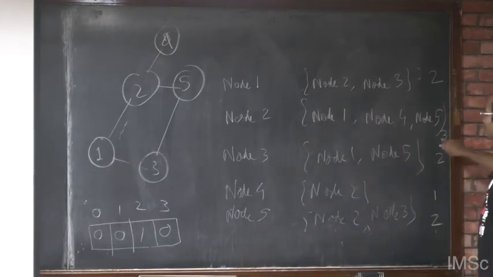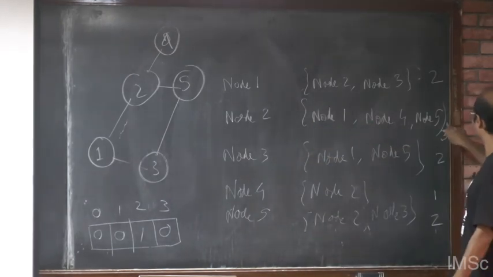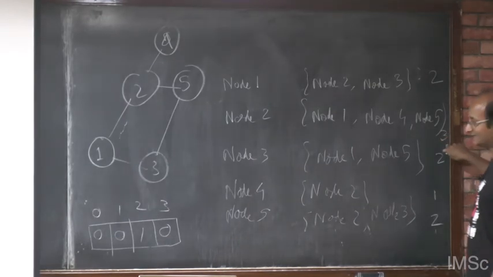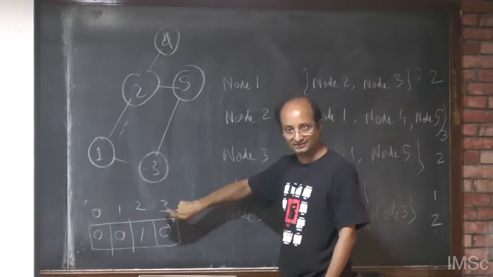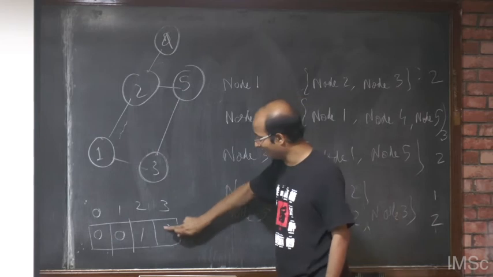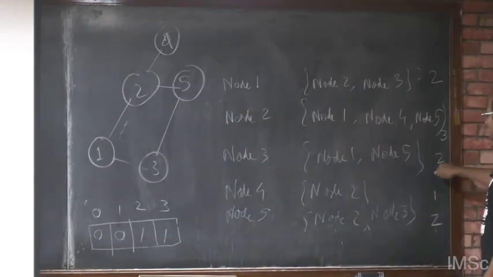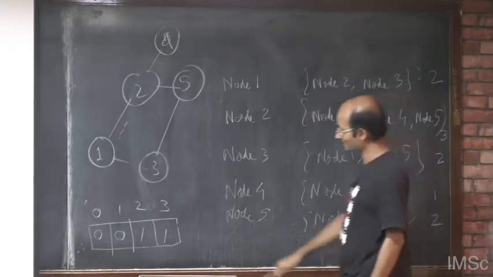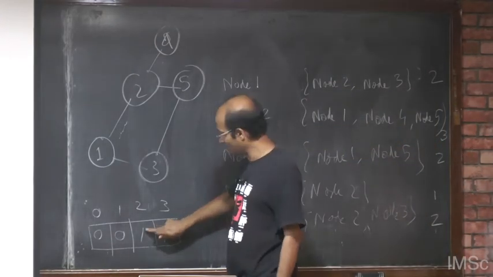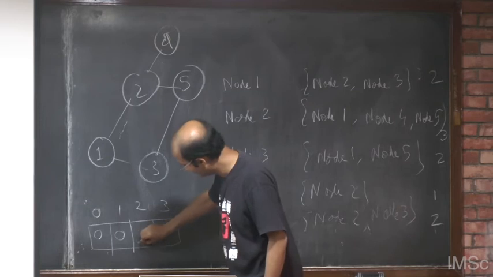Then I come to node 2, I read off the degree, I find it's 3, so I come to the corresponding entry of the array and increment this by 1. Then I come to node 3 and I find that it's 2, so I come to this one and increment it by 1, so it becomes 2.